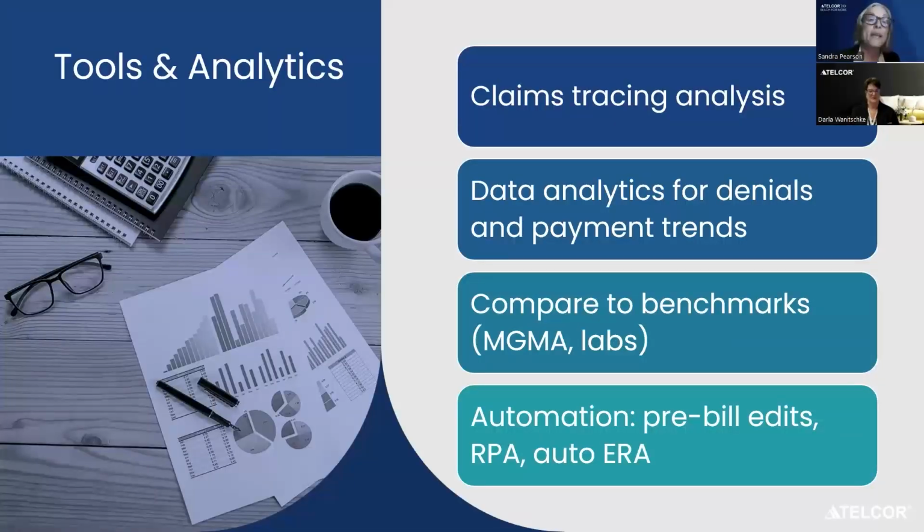But there are so many other things that are individual by payer and even individual by lab that you can have automated that will not only make your life much easier, but will help you when you're developing your KPIs and your benchmark reports, your dashboards. Because then you know what's automated, what you can measure against.